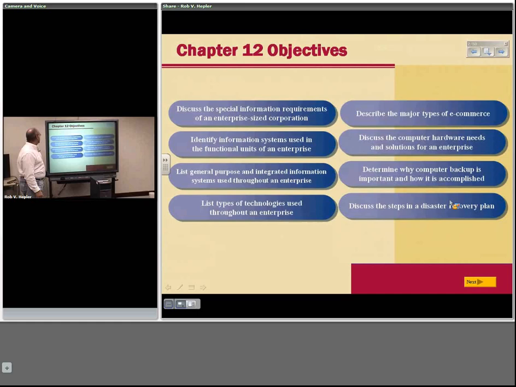We're going to talk about the functional units of enterprise. So we're going to talk a little bit about business and management tonight. I have talked about this before. To be a good information systems, information technology person, especially systems analysts, you have to have knowledge of business. The days of being a backroom person and just working on programs is pretty much over.